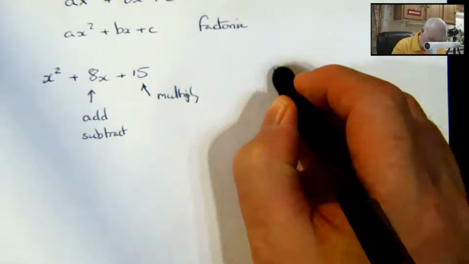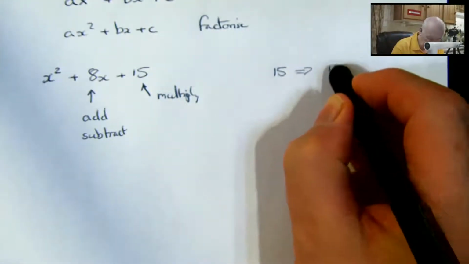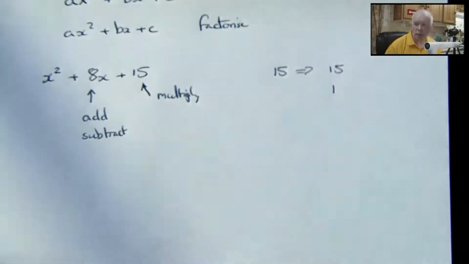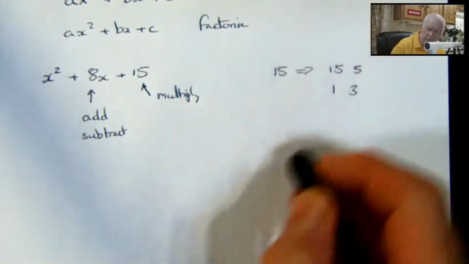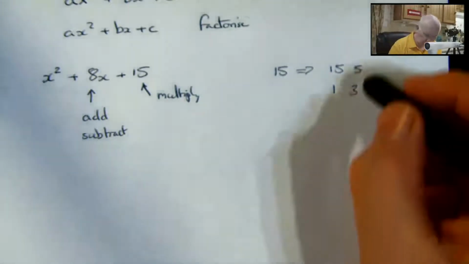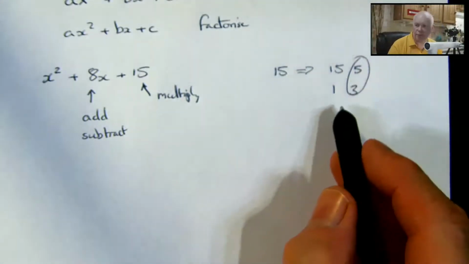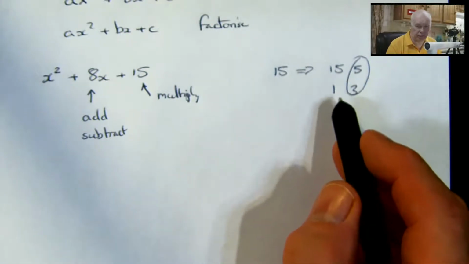Okay, so our factors of 15 are going to be 15 and 1. And of course, we can have another one. We can have 5 and 3. Now I'm going to try and make 8. And this pair look the obvious set to make 8, 5 plus 3, going to make 8.